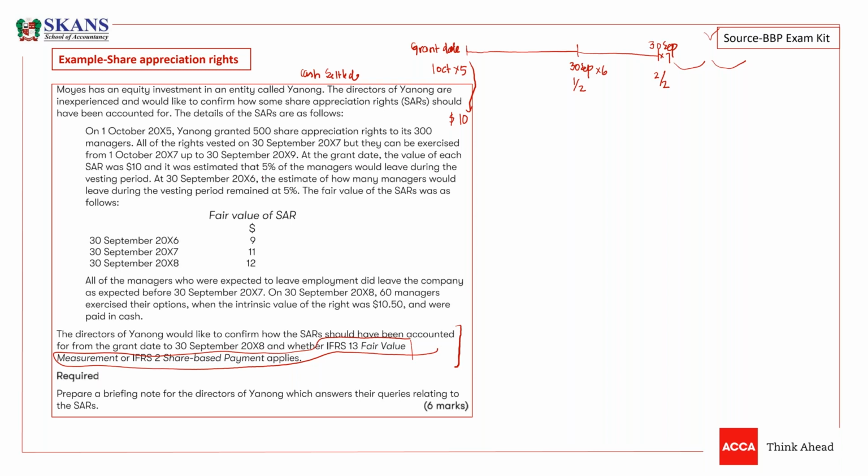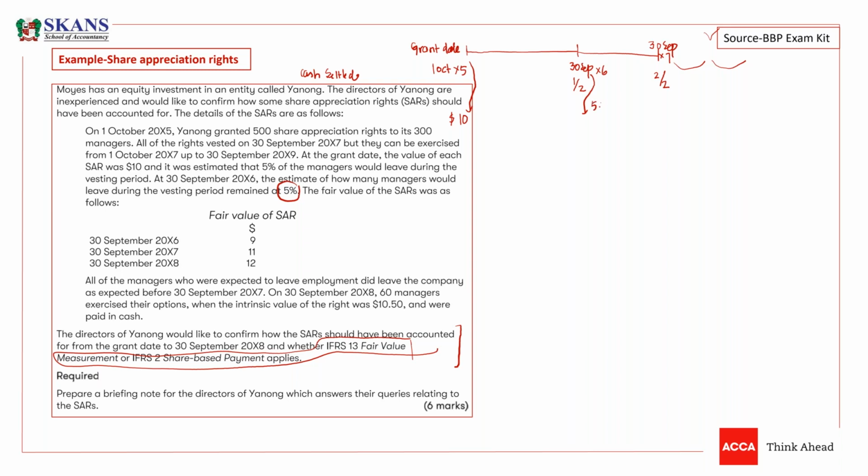During the vesting period at 30th September X6, the estimate of how many managers would leave remained at 5%. So they are saying that at X6, it is again 5%. Obviously we need to use the estimate of this date. If the question mentions that 6% will leave, then obviously we need to use this estimate.